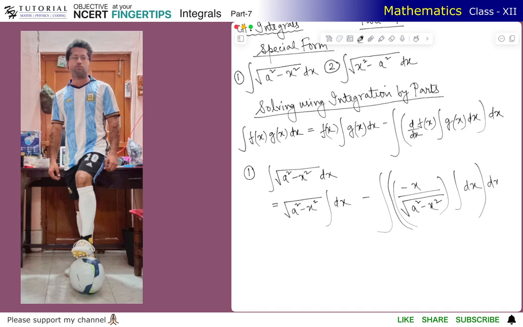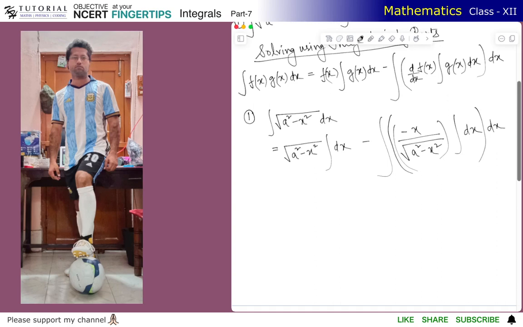Now the first one is easy. The integral of dx is x, so we get x times square root of a square minus x square. Now the second term: the integral of dx is x, so we have minus x square by root over a square minus x square dx.